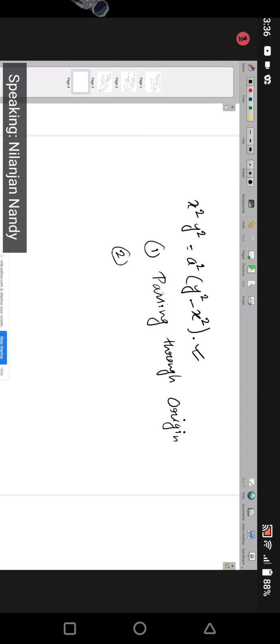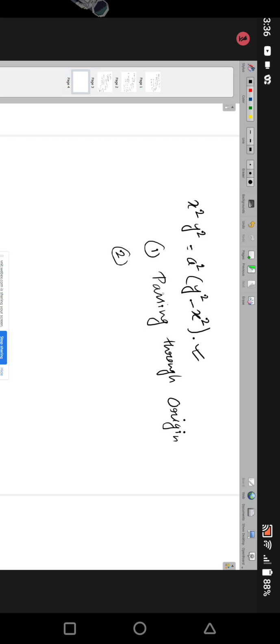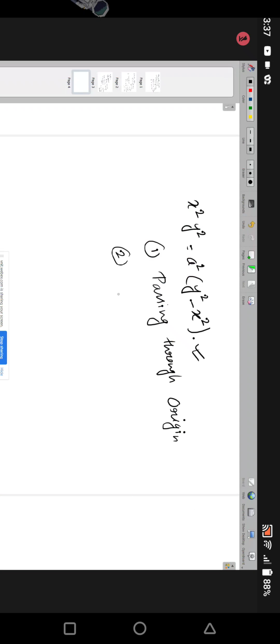Okay. So now the trick, next you have to find a tangent at the origin. So what is the trick for tangent at origin? I have told you, you equate the lowest degree terms equal to 0. So here the lowest degree term is how much? y square minus x square is the lowest degree term, right?